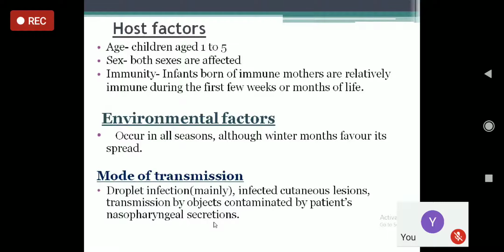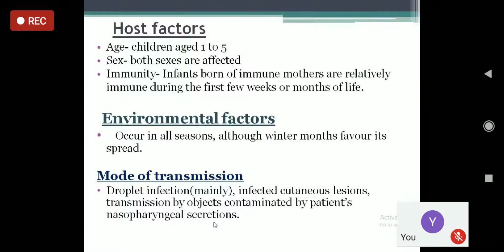So under five children are mostly affected by diphtheria. Children aged 1 to 5 years, both male and female, are affected equally. While talking about immunity status, infants born to immune mothers are relatively immune during the first 2 weeks or months of life. If the mothers are immune, or were vaccinated when they were infants themselves, then infants born to such mothers are relatively immune.